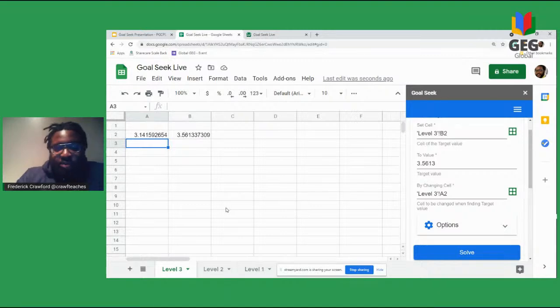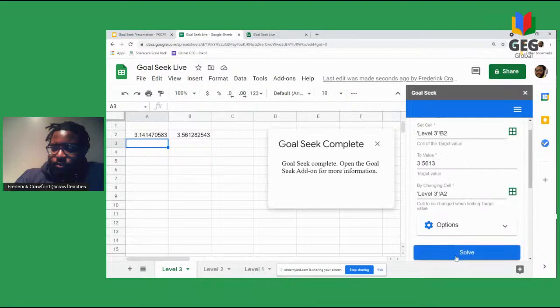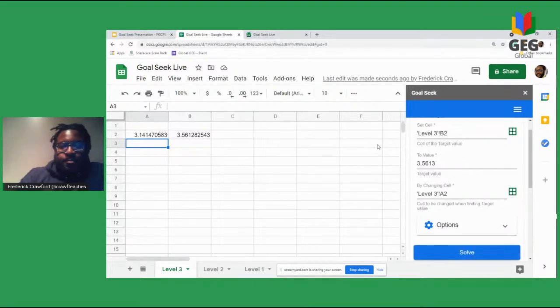It kind of works. That's pretty cool. I really don't have to use GoldSeek, but why not? So there you go. Now it gives me 3.14147. But now we know that the answer is very close to pi. And that's all we need.